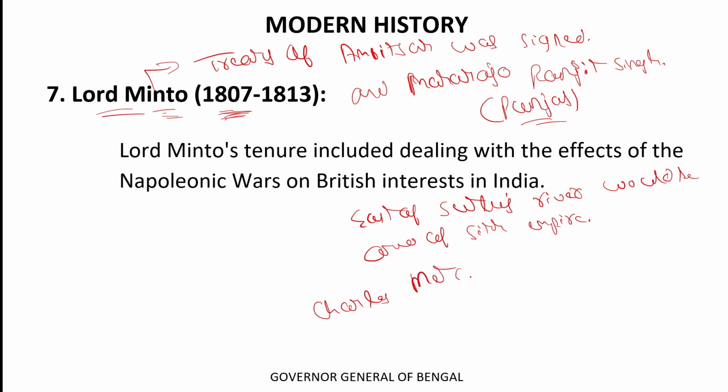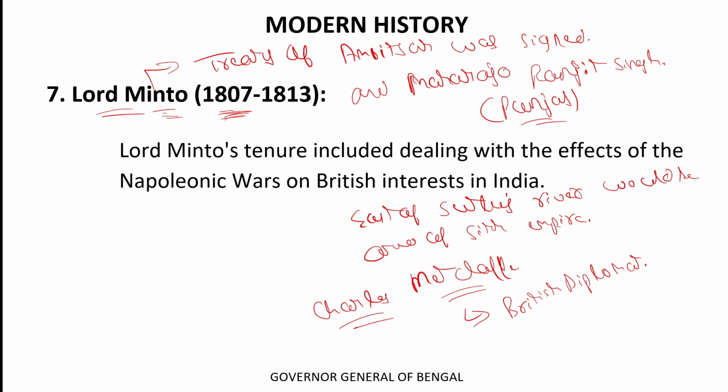Charles Ratcliffe. Okay, he was a British diplomat who persuaded Maharaja Ranjit Singh to sign the Treaty of Amritsar with the Britishers, basically with Lord Minto.